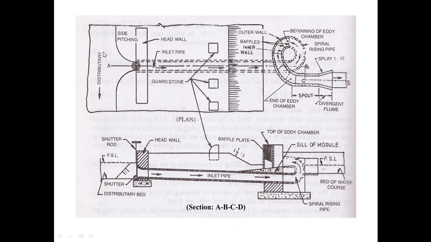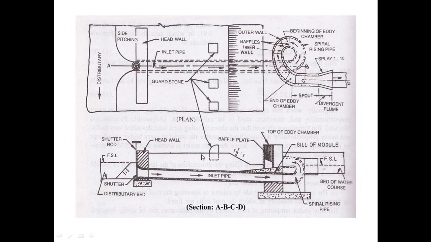This is the distributary channel. In this, a head wall is constructed, and within this head wall, an inlet pipe is provided. The water enters this pipe and moves through the spiral rising pipe, and then moves to the bed of the water course.